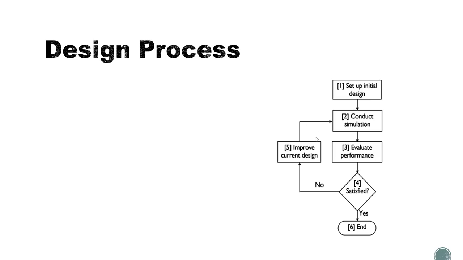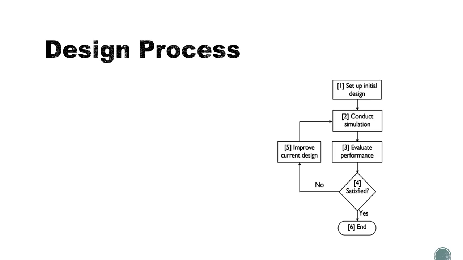What is meant by improving the design? It could be related to updating the forces that are acting on the object, or the shape of the product that we are designing, or any other geometric properties, or maybe the material.